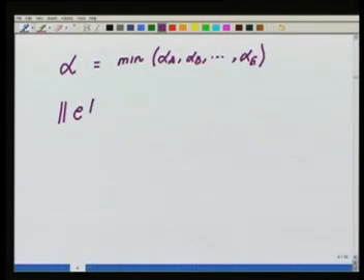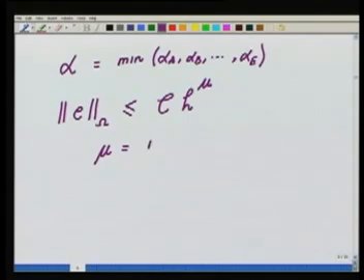Then in terms of this alpha, if I do a mesh refinement for the given domain, it will turn out that the error is essentially of the type C h to the power of mu, where mu is equal to the minimum of p and alpha. So what has happened here?